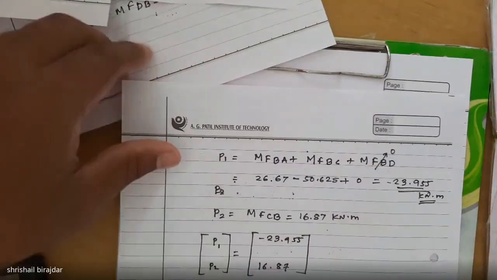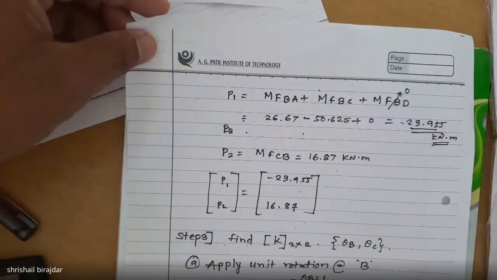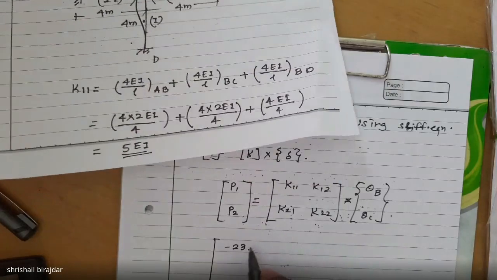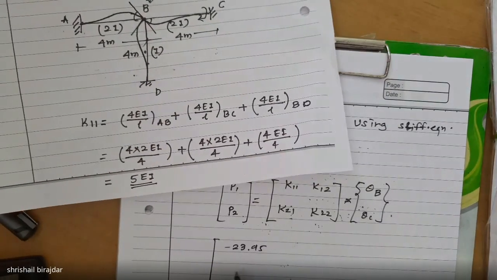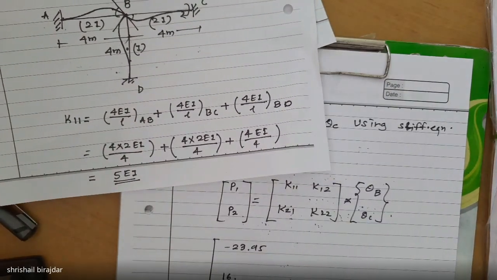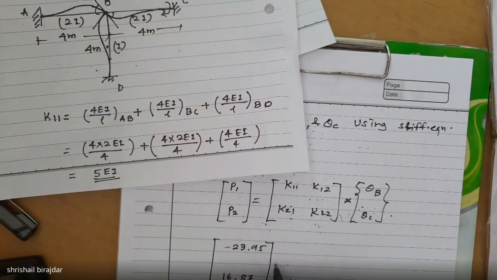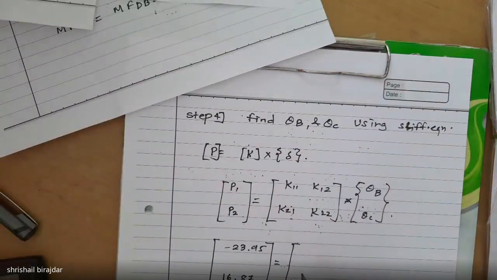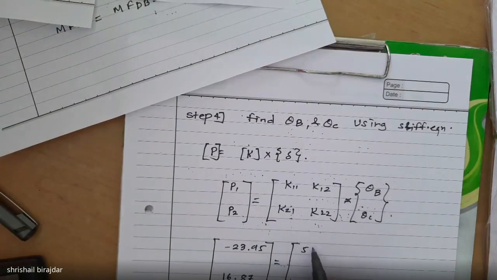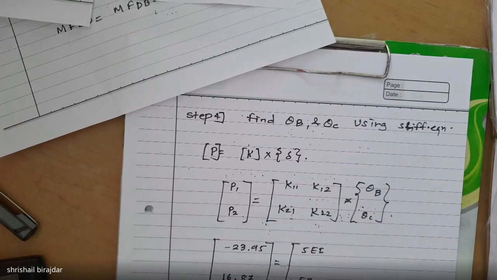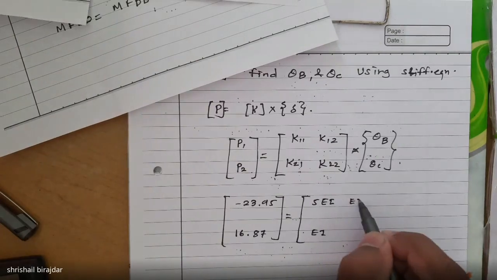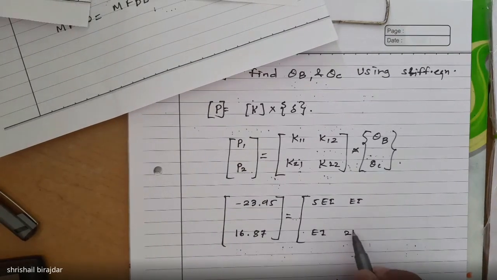This is P1. Okay, P1 and P2: 23.95 and 16.87 equals, write down the K matrix which we already wrote in the previous steps. We just write down here EI, EI, 2 EI.